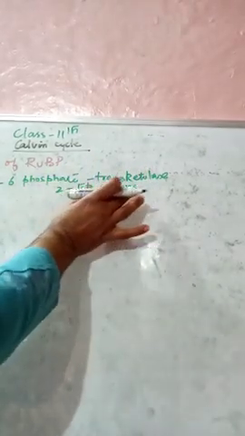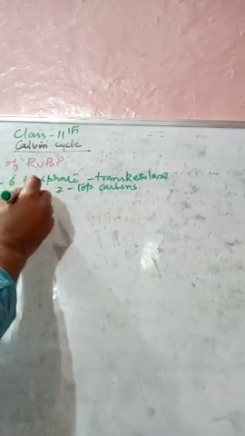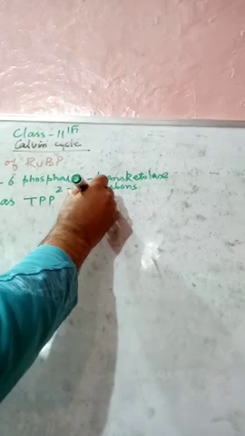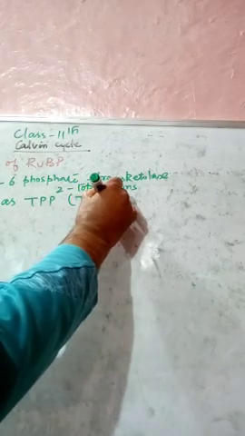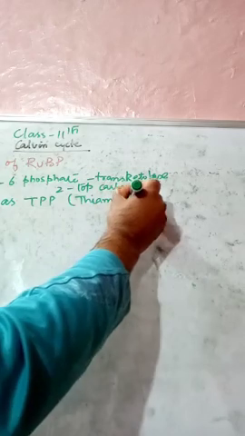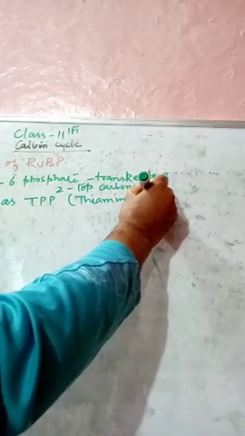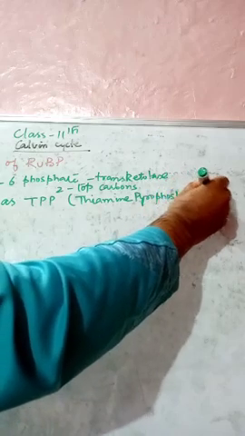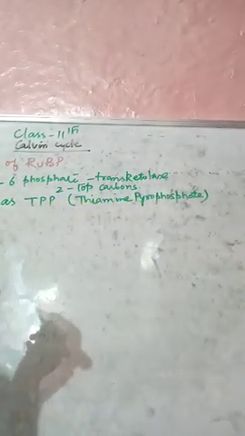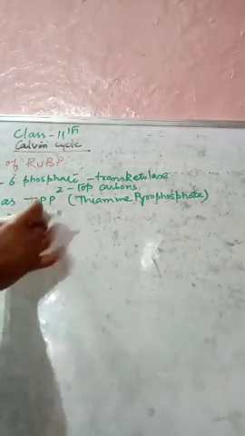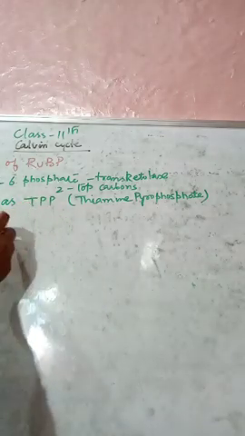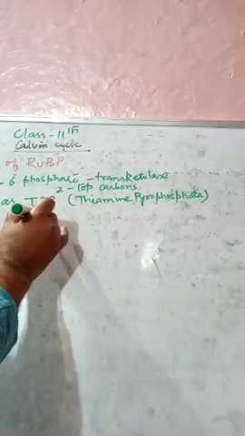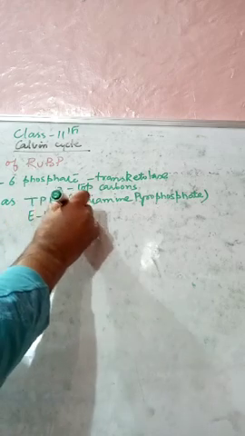And these two top carbons are removed as TPP, what we call thiamine pyrophosphate, and the second one that is formed there is E4P. And what is this E4P?